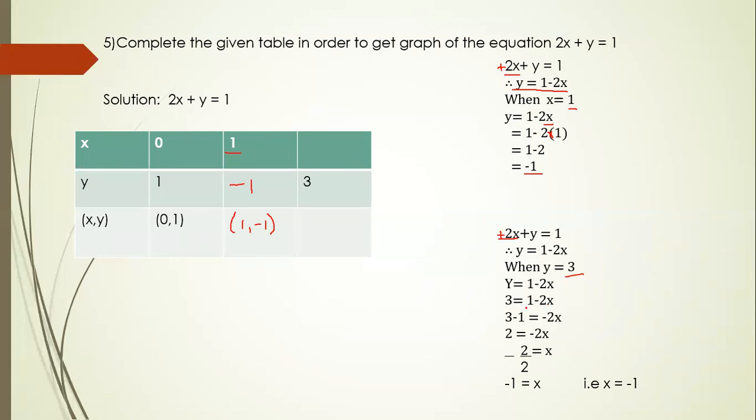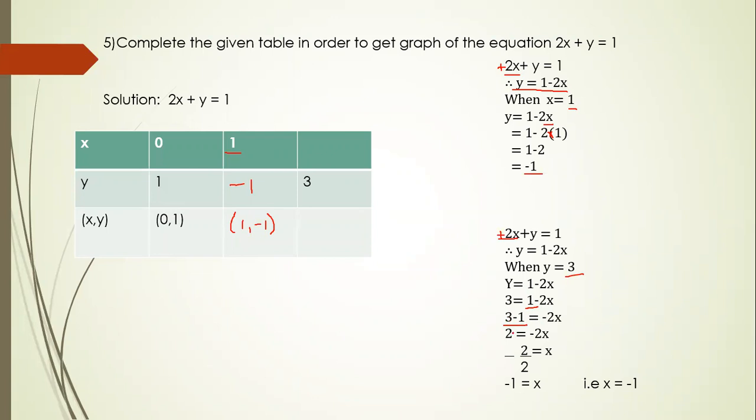Now in the next step, we are going to change the place of 1 from right hand side to left hand side. Whenever you are changing the place, we have to keep in mind the sign. Here it is plus 1. When you move it to the left hand side, it will get converted into minus 1. So 3 minus 1 equal to minus 2x.